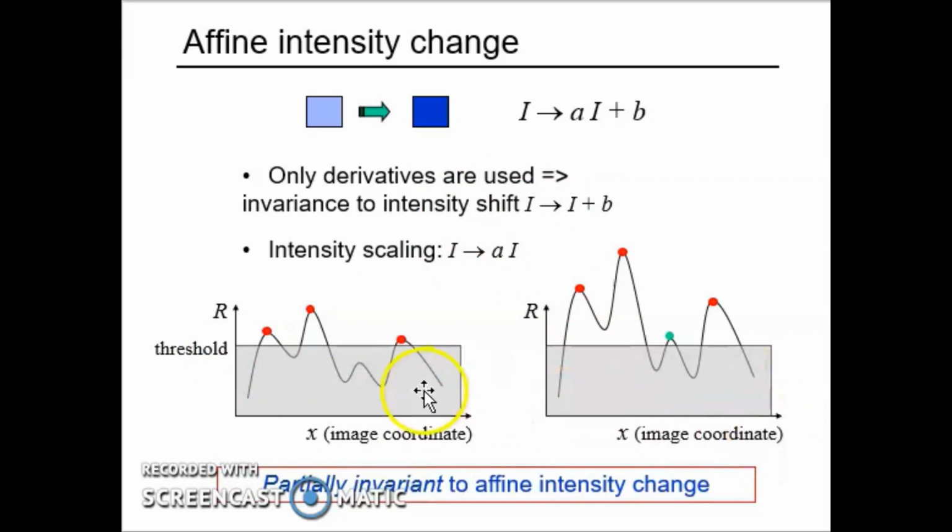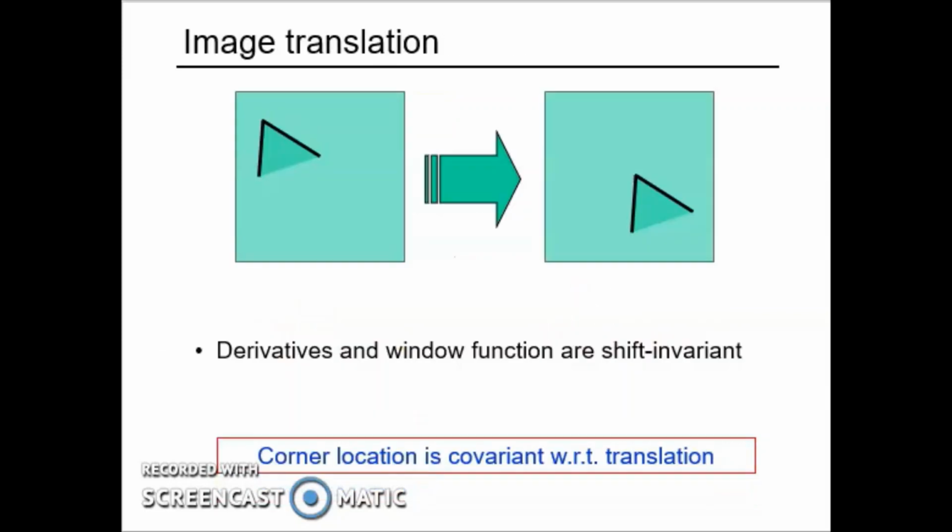In this case, these 3 points were detected as corners, whereas after the image has been transformed, we retain these 3 points, and another point has been added. So we can say that this method is partially invariant to affine intensity change, and in some extreme cases, where the scaling factor is very large, it may not stay invariant.